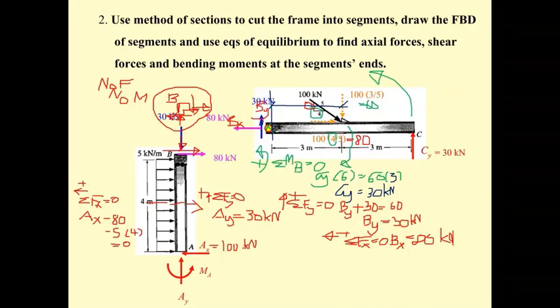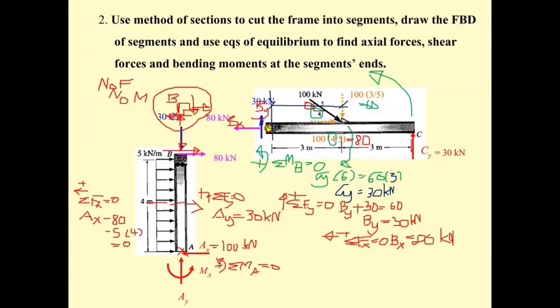This 80, this is 100, and then the M sub A, you determine the M sub A. You take the moment here, the summation of M sub A equal to 0, and rotating like this is positive.